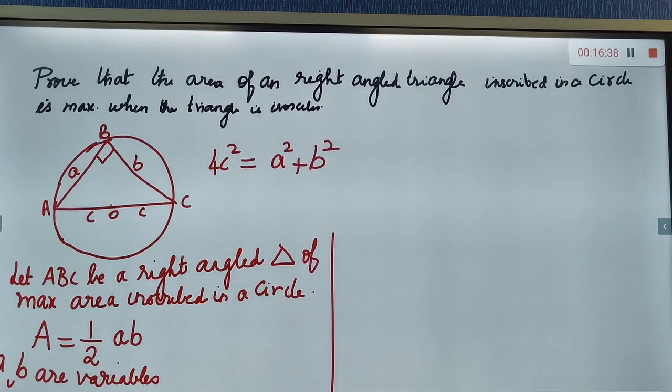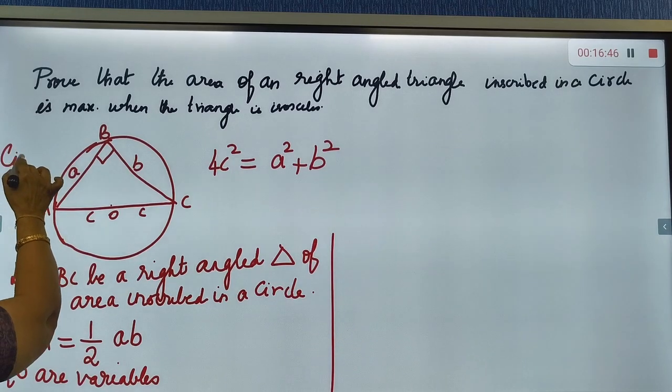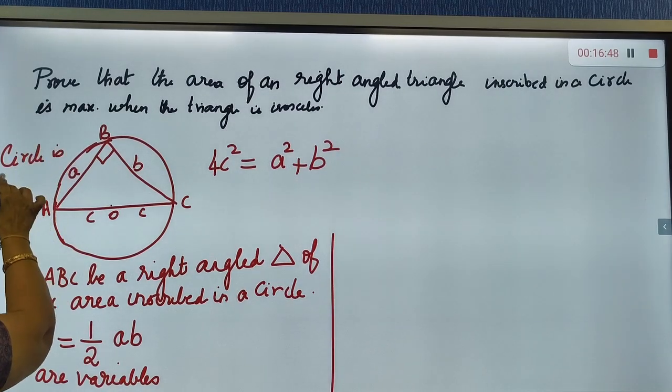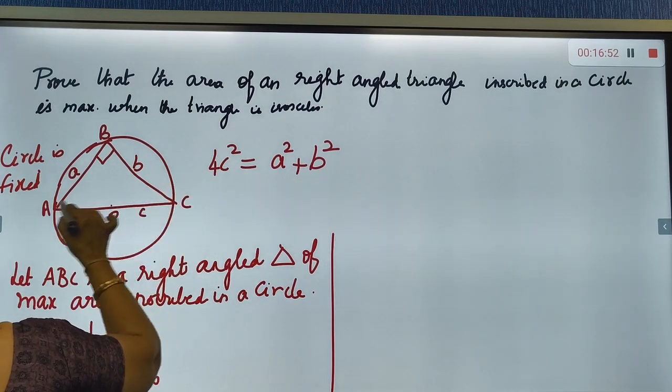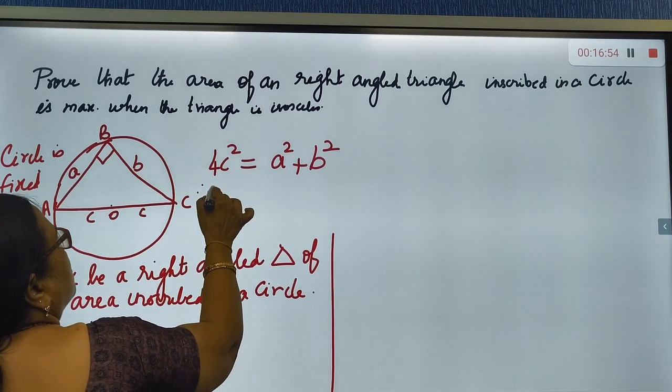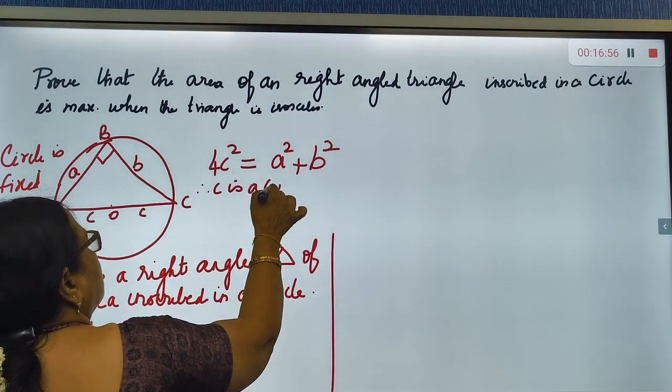Now 4C square is fixed because inscribed in a given circle. The circle is given, inscribed in a circle means the circle is fixed. So its radius is a constant. Therefore, C is a constant.